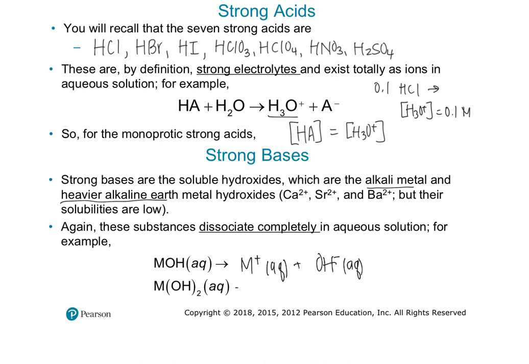And if I have an alkaline earth, then that means that I have that metal plus it dissociates into 2 hydroxide ions. So that means if I have a 0.1 molar, let's say barium hydroxide, then we should know that my concentration of hydroxide is 2 times that, so 0.2 molar of hydroxide.